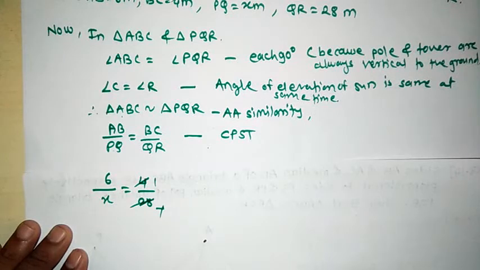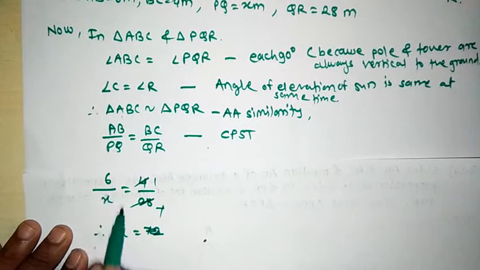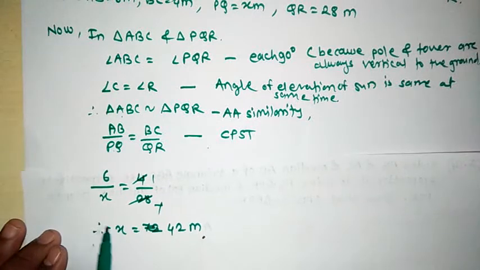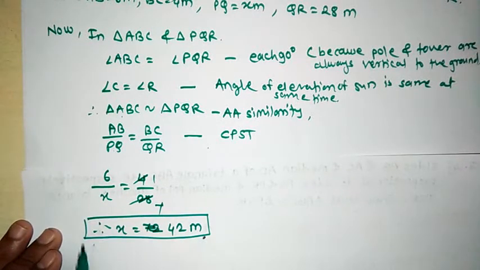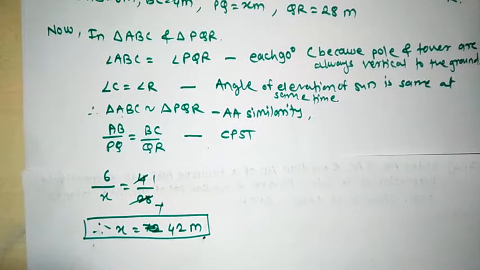Therefore we get x is equal to 7 sixes are 42 meter. That is, the height of the tower is equal to 42 meter. Right below, write: therefore, the height of the tower is 42 meter.